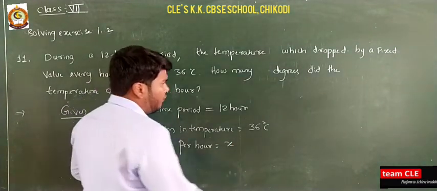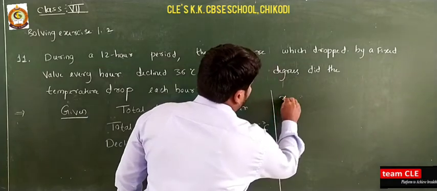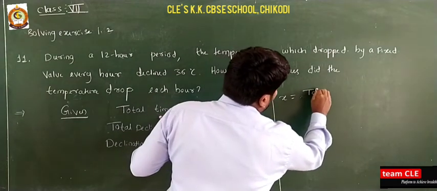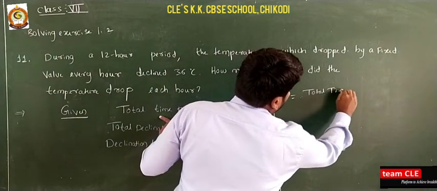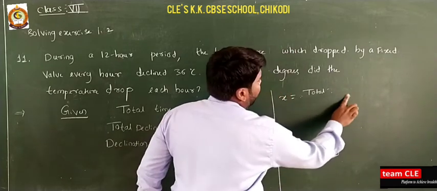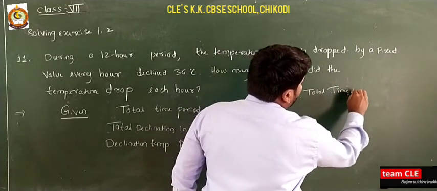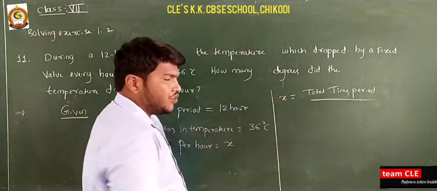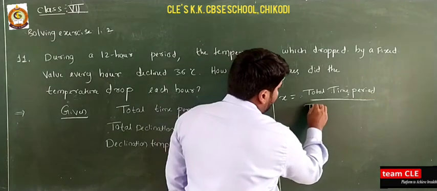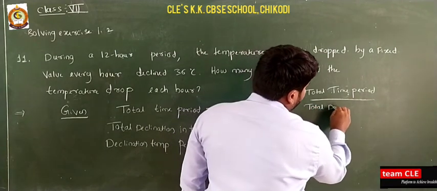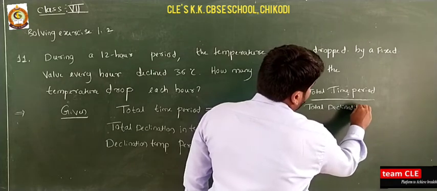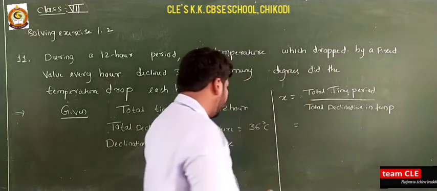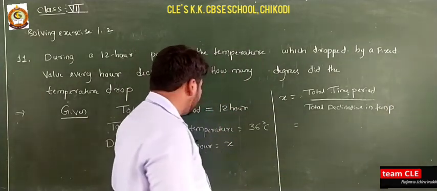So x is equal to the declination of temperature, that is total time period divided by total declination in temperature.